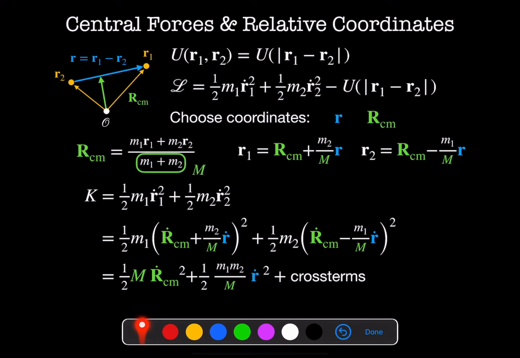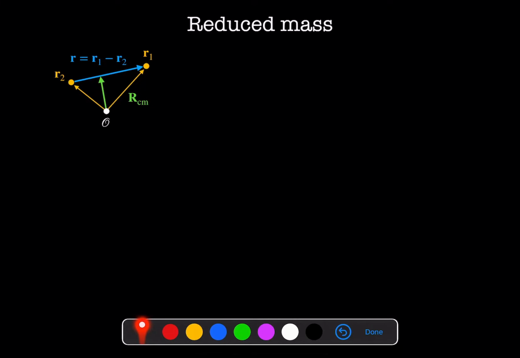These cross terms end up canceling out. This term here, m1 times m2 divided by the total mass, is something that we're going to call a reduced mass. In this setup, our Lagrangian is now given by 1/2 M RCM dot squared plus 1/2 mu r dot squared minus U, which depends only on the magnitude of r.